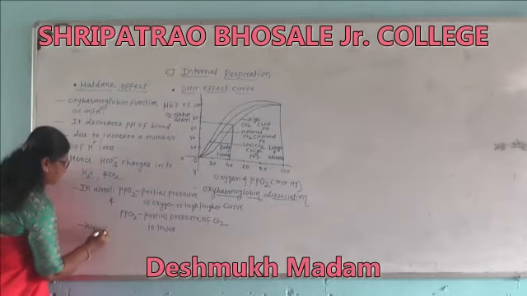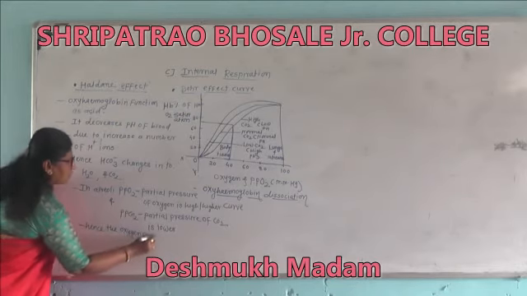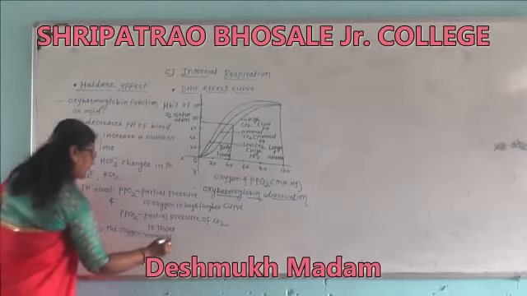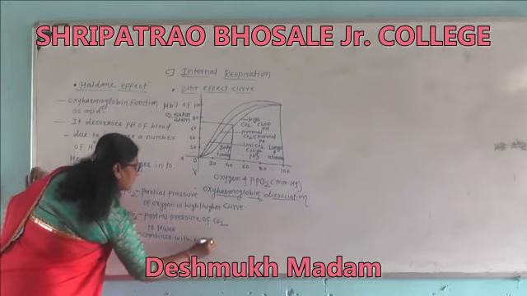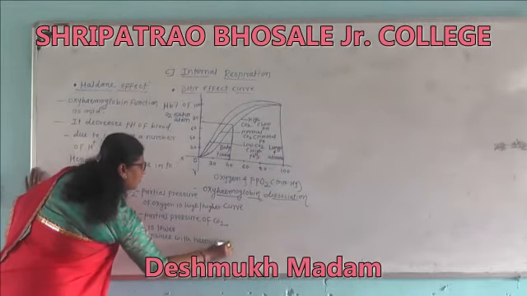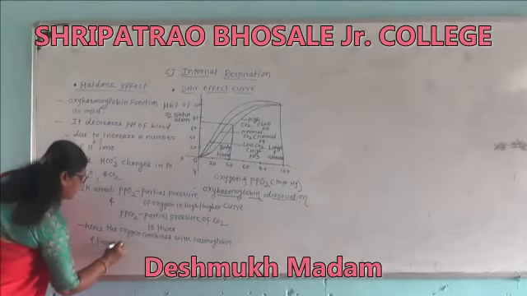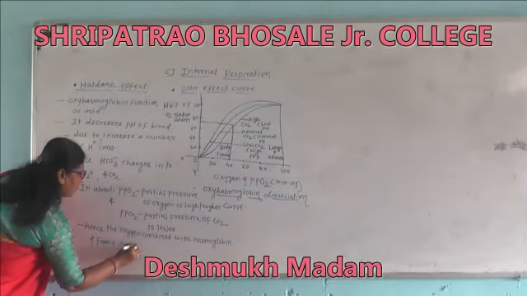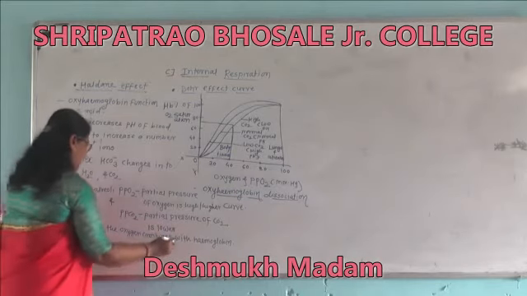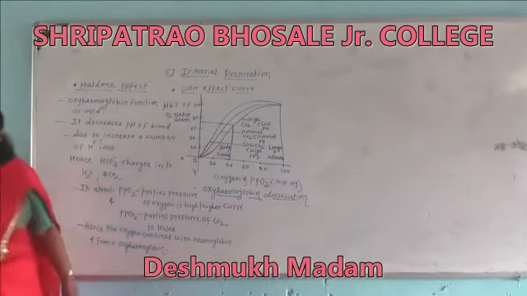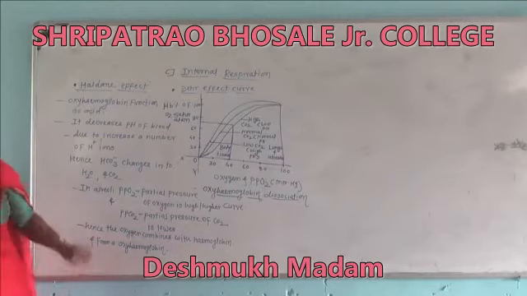Hence, the oxygen combines with hemoglobin and forms oxyhemoglobin.